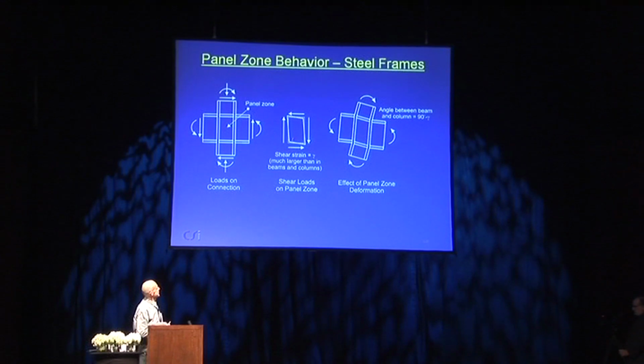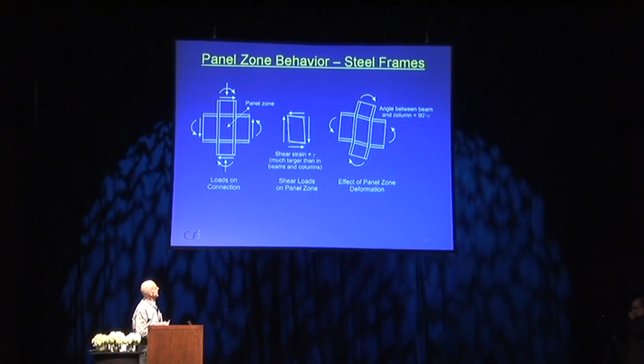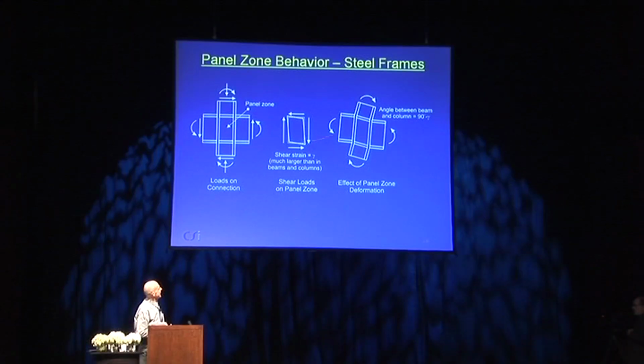The effect of this is a rather large shear stress on the panel zone. Much larger shear stress and strain in the panel zone than in the adjacent beams and columns, and in fact in the opposite direction. You get a distortion which looks like this, so the angle between the beam and the column no longer remains at 90 degrees, and it acts somewhat like a semi-rigid connection.